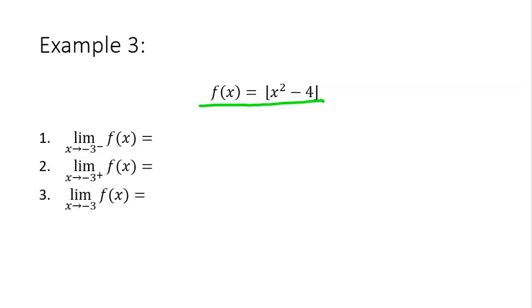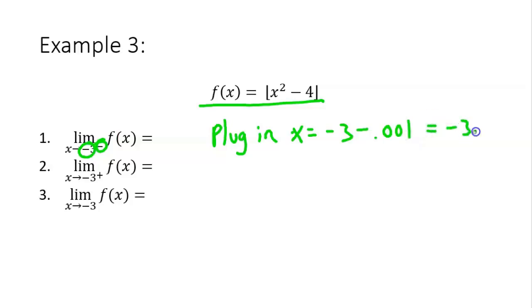And so what we're going to do is plug in x is equal to -3 minus 0.001, just like we did with the other one, right? And so that's actually going to give me -3.001. I'm going to plug that in for x into this function, and I'm going to see what I get. So let's go ahead and work that out.